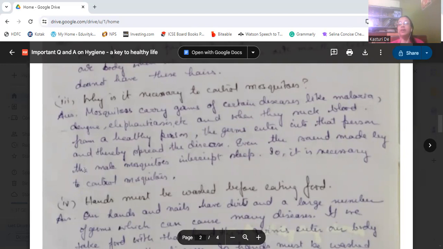When they suck blood, if they suck the blood of a diseased person, when it's piercing and sucking the blood, the germs of the diseased person get inside the body of the mosquito, and it becomes the carrier.